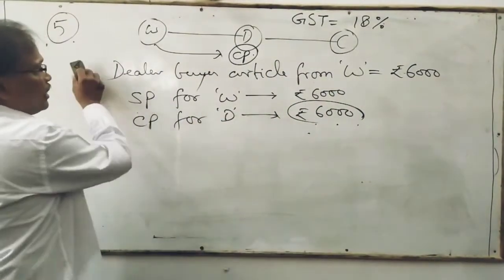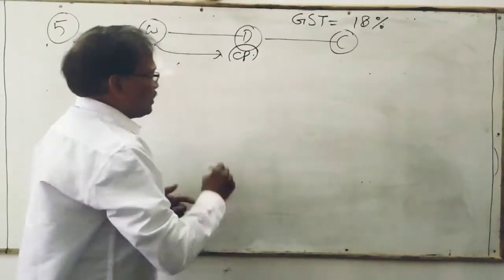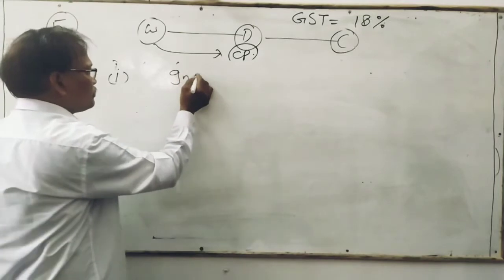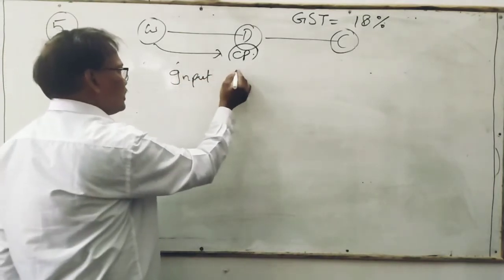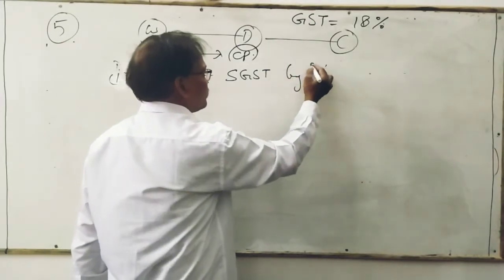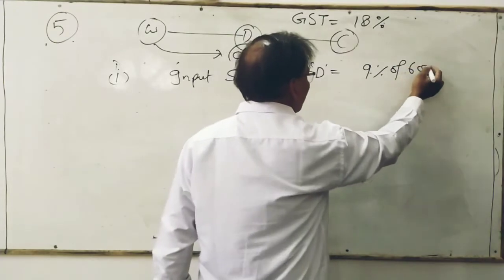So I find here the first part, input SGST by dealer. This is equal to 9% of 6,000.